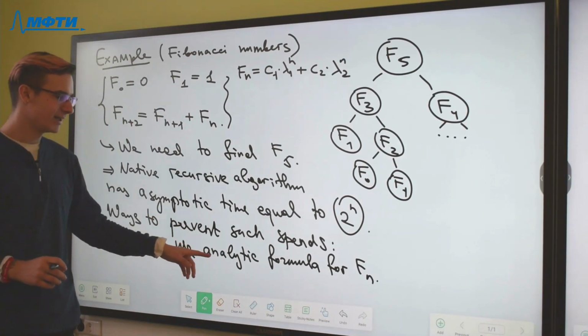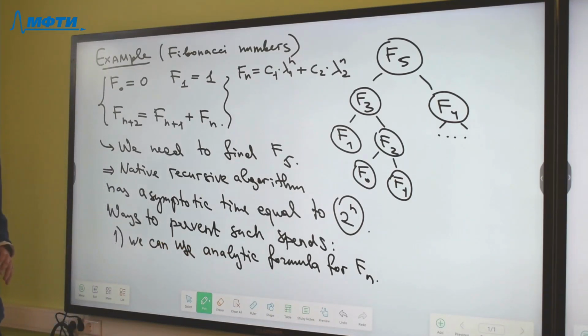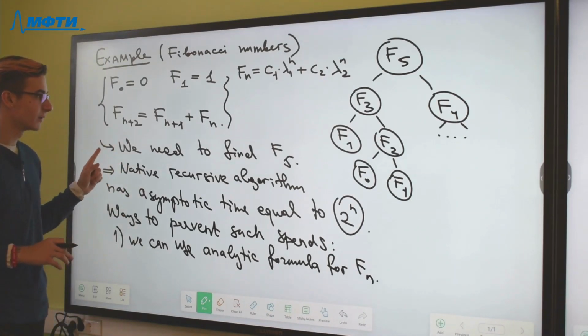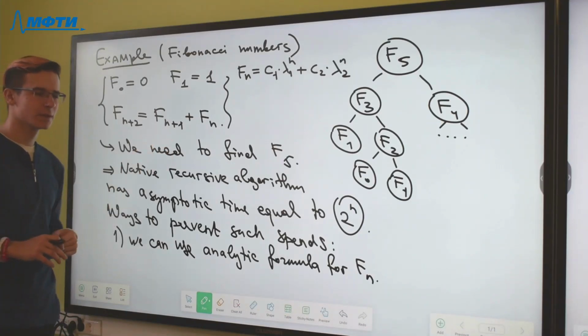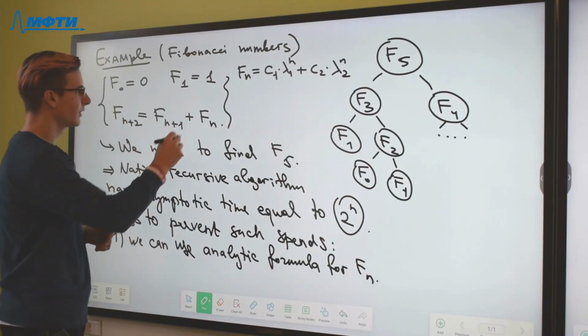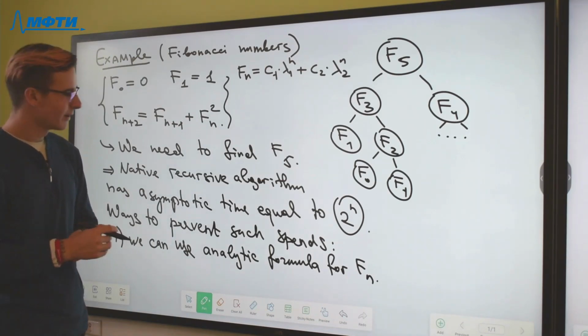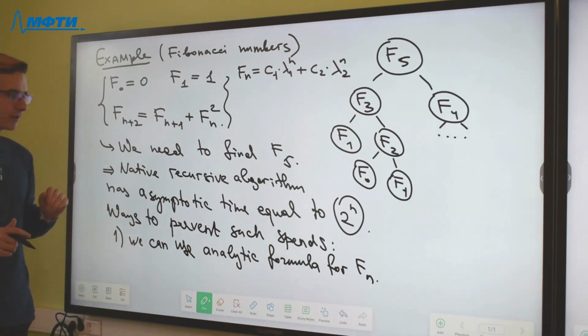Because we have no analytic formula for a difference recurrence if it isn't a linear recurrence. So, for example, if I add this power 2, you cannot use the common way to solve linear recurrence equations.